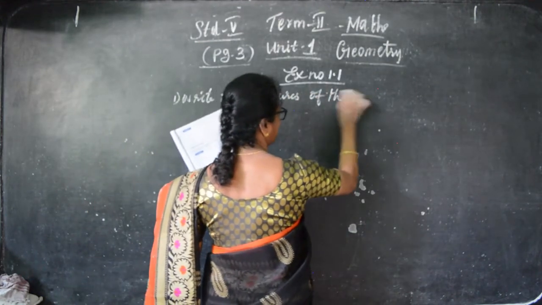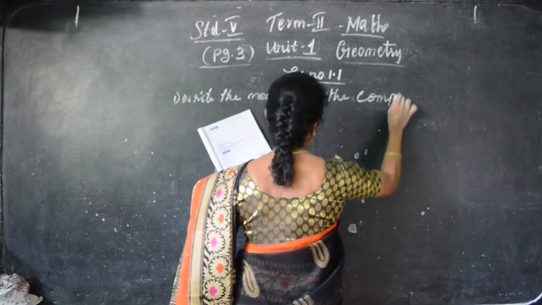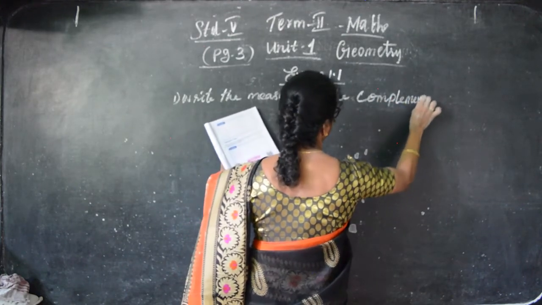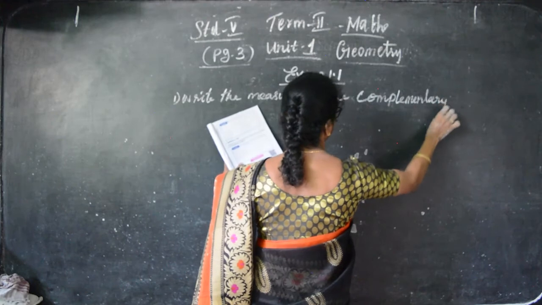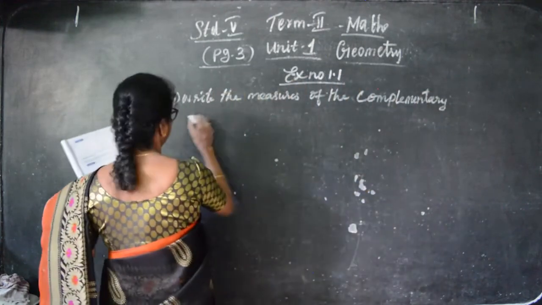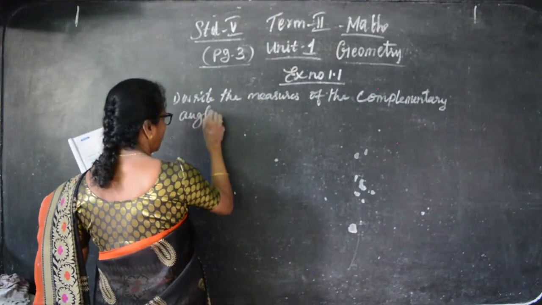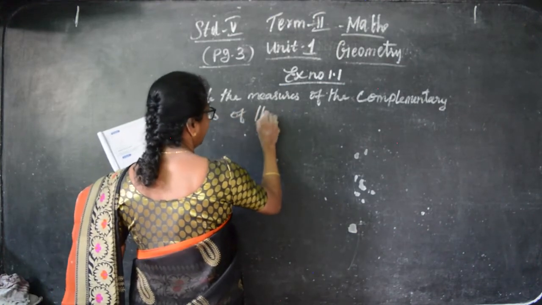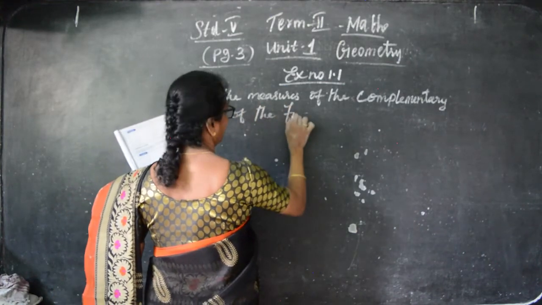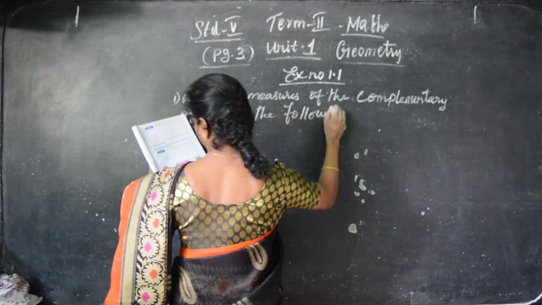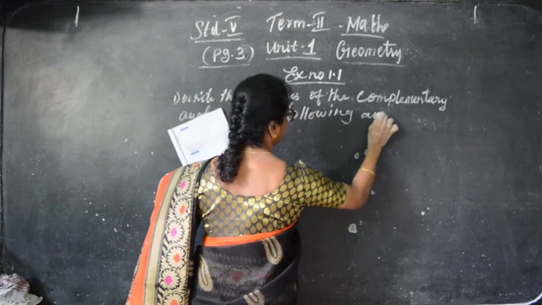I said 90 degrees, no? So you have to subtract the given number from 90 degrees. Write the complementary angles of the following measures. They have given the numbers, the following angles.